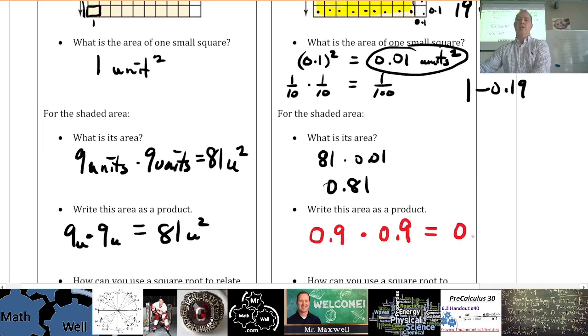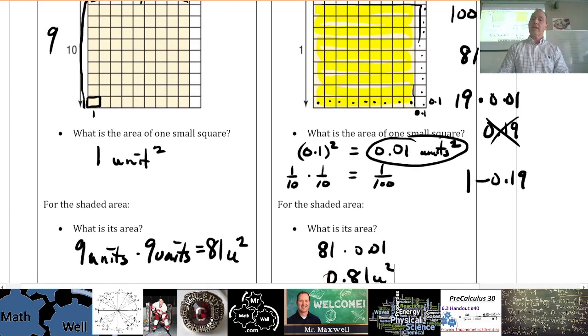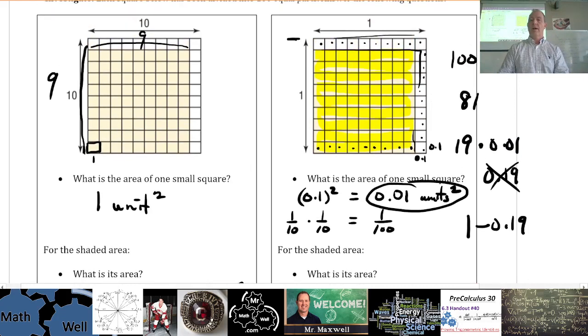And that is 0.81 units squared, and of course we'll do units squared here. Okay, what do you guys think about that? Does that clear things up for everyone? Okay, and see why it's not 0.9? It's 0.9 times 0.9. That would be the area. So the side length is 0.9, but the area is not.